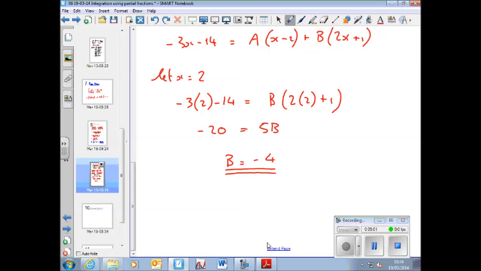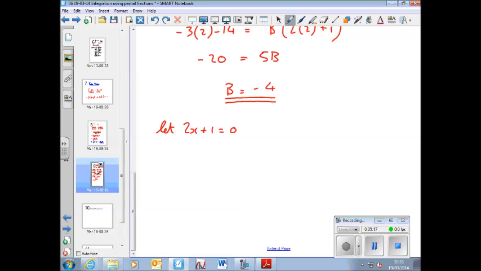I let x equal a value so that I'm after one where this is 0, aren't I? So I want 2x plus 1 to equal 0. So I've just got a little equation to solve. Taking 1 over the other side, 2x equals minus 1, x equals minus a half.